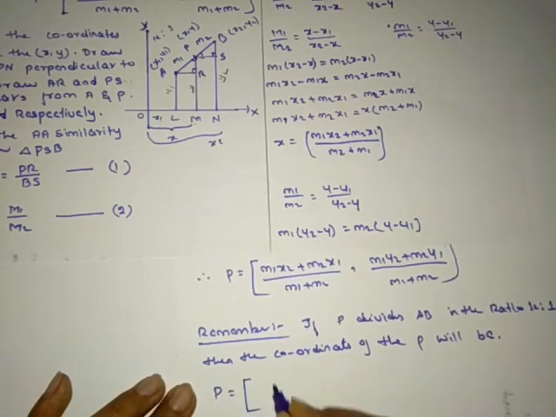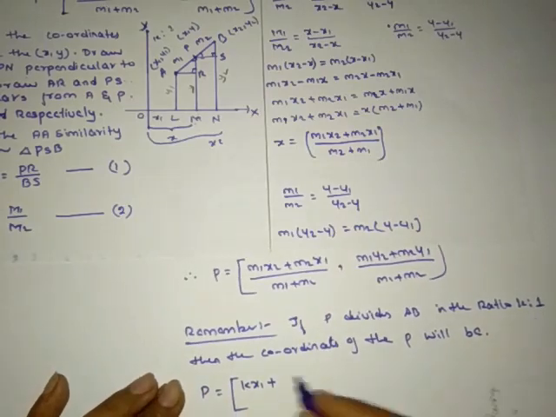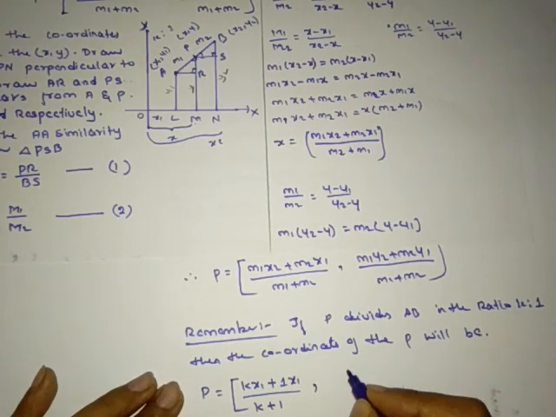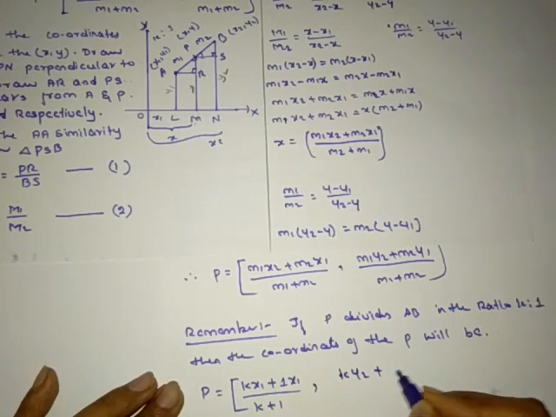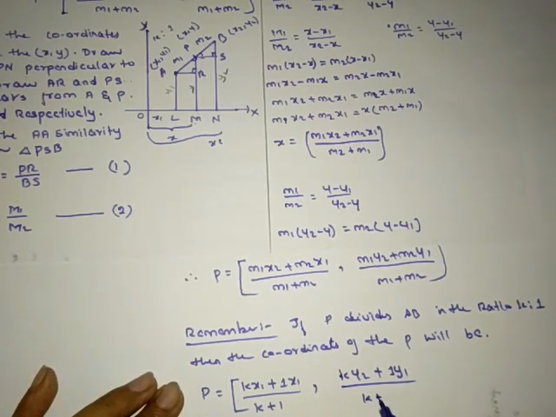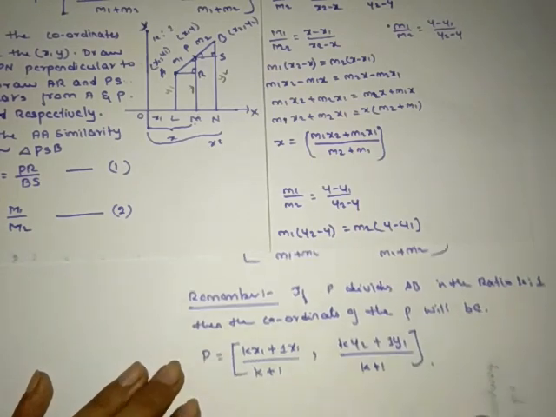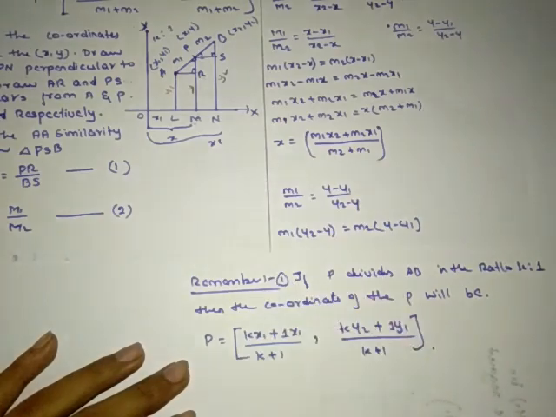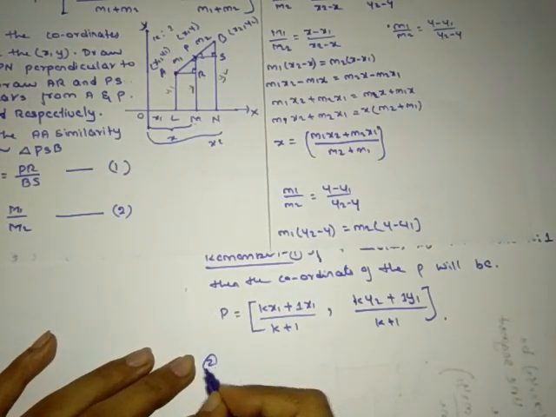P is equal to k into x2 plus 1 into x1 divided by k plus 1, comma, again k into y2 plus 1 into y1 divided by k plus 1. You need to remember this point. This is the first point.